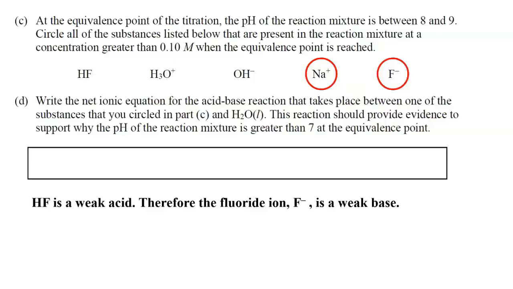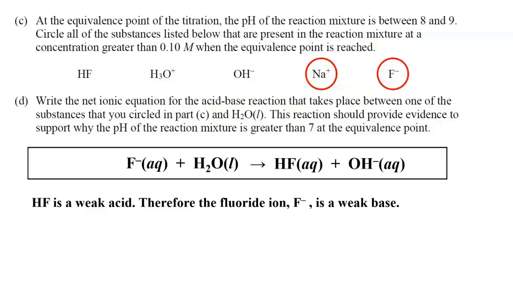So in solution at the equivalence point, it's going to be the F minus ion reacting with water to produce HF along with the hydroxide ion. So that reaction showing that the fluoride ion is able to behave as a weak base, and therefore that would explain why the pH of the reaction mixture is greater than 7 at the equivalence point.